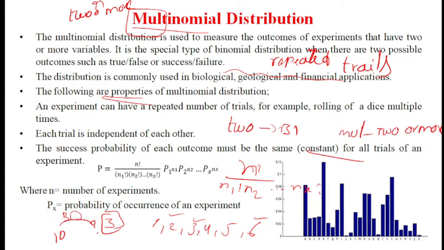Whereas in multinomial distribution, when you roll a die 10 times to see what number you roll, it may be 1, 2, 3 or up to 6 possible outcomes. This is the difference between multinomial and binomial distribution.